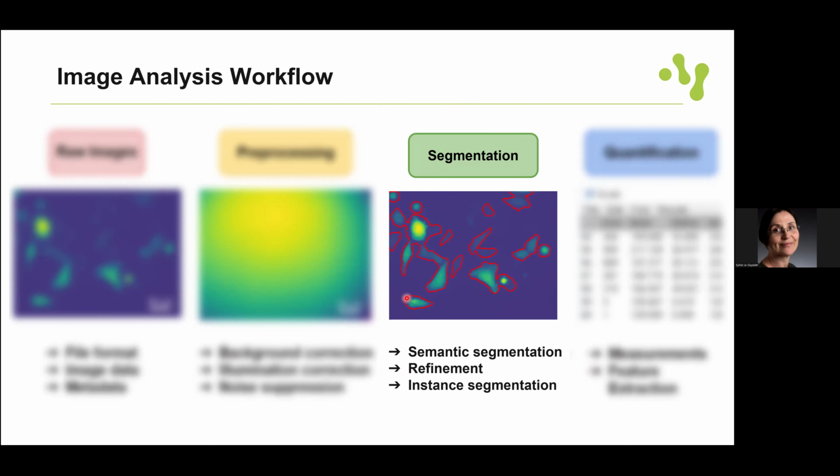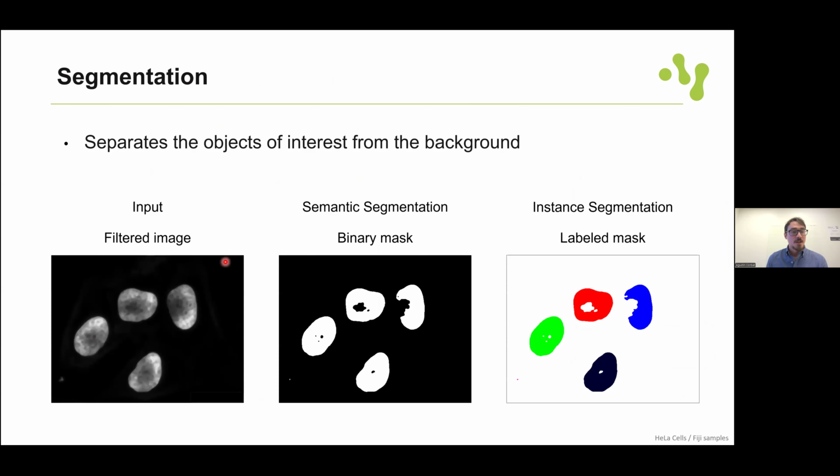So let's jump to the difficult part, which is segmentation. This is the part used to separate our objects of interest from the background. So here we have the different clear steps of segmentation. We want to separate these objects of interest. We start from our filtered image, ideally, or image as an input.